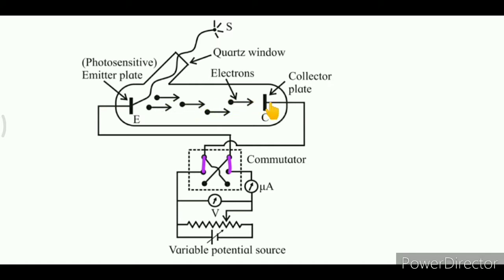Hence the emitter plate is emitting the electrons, and the collector plate is collecting them.